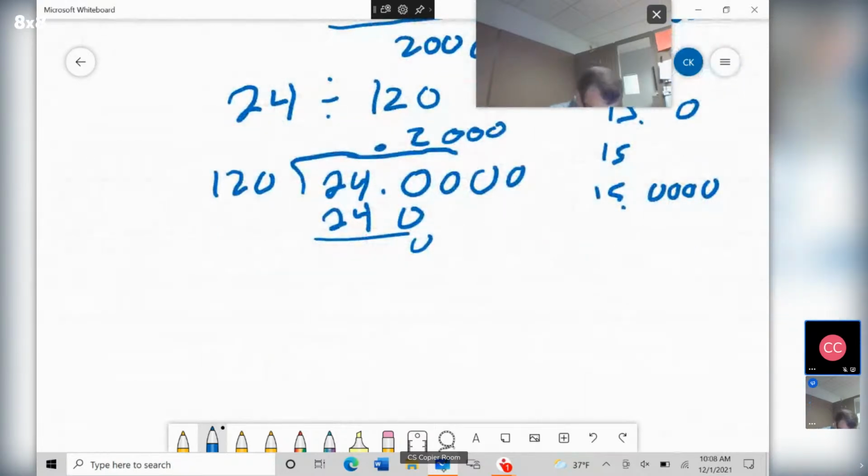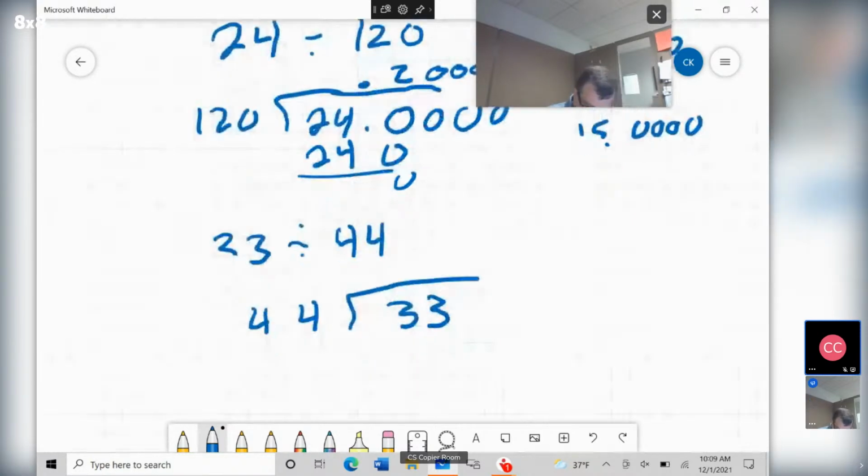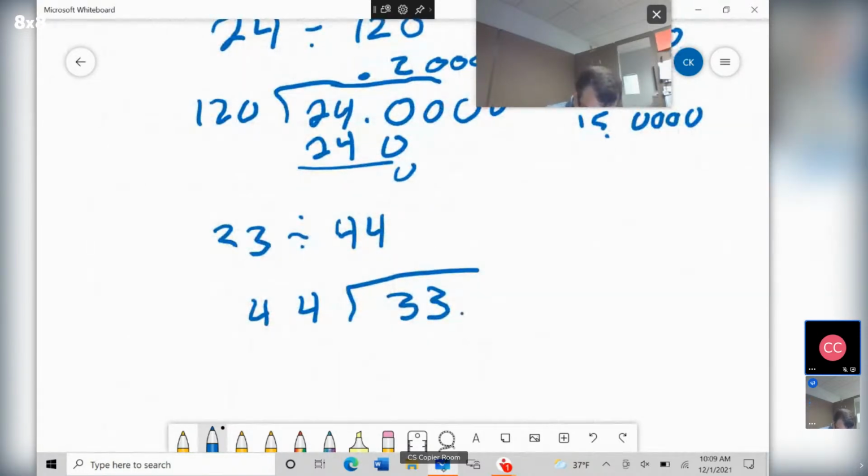Okay, so let's do one more here. If we did 33 divided by 44. Okay, so we're going to go 44. Well, let me go down a little bit. Okay. So in this case, we know that 44 is bigger than the 33, so we're going to add some zeros here.